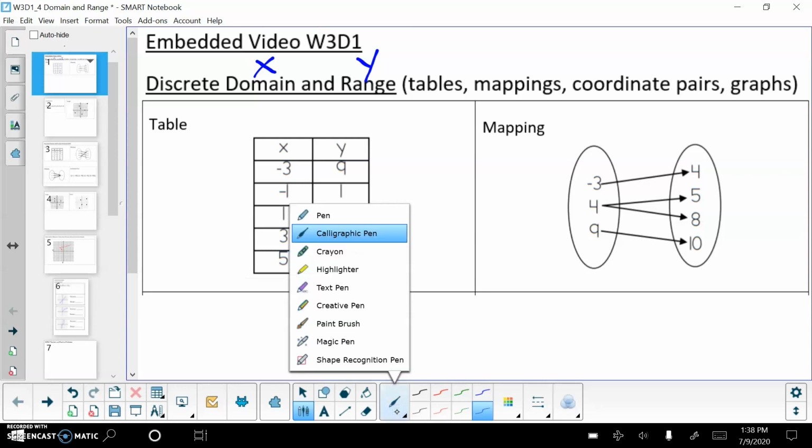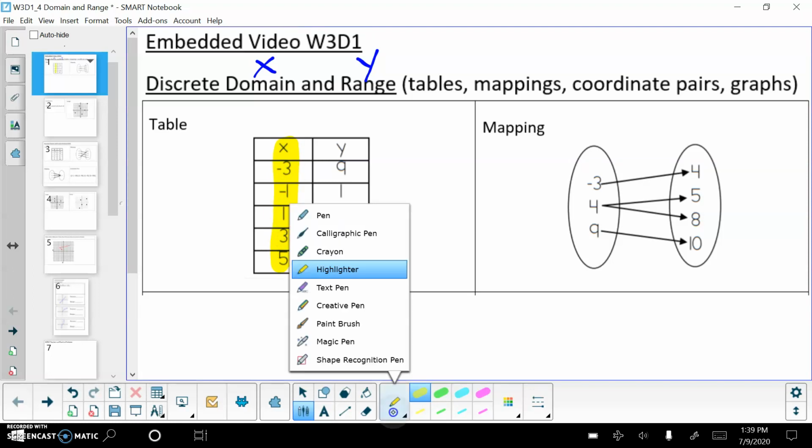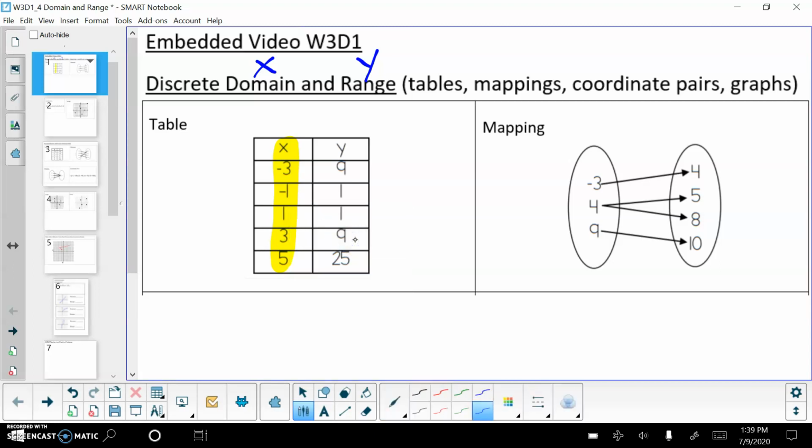So if I'm wanting to know what my domain is, and I'm always going to talk about, at least for consistency right now, domain first. Domain are my X values, so I'm going to highlight those. If you see the highlighter, that's the domain. So since the domain is the x values, I'm going to label it here, then when I write domain, I know that my domain values are the ones in that table.